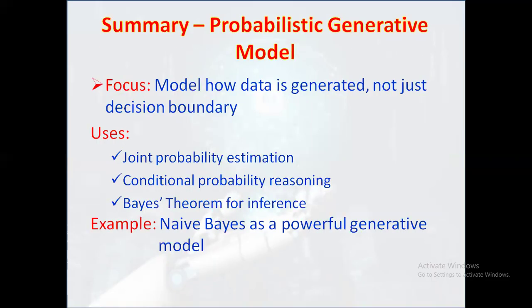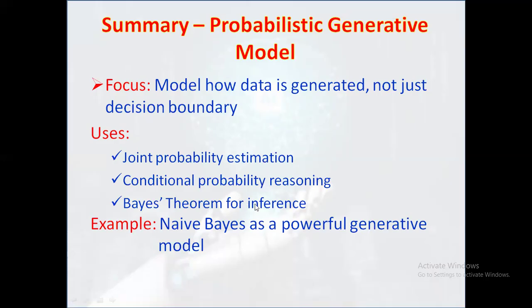So, coming to the summary, the key idea behind a probabilistic generative model is to learn the mechanism that generates the data rather than just classifying it. This makes them versatile for both classification and data generation. The model estimates the joint probability P of x, y, allowing it to generate new instances and also infer class labels through conditional probability.